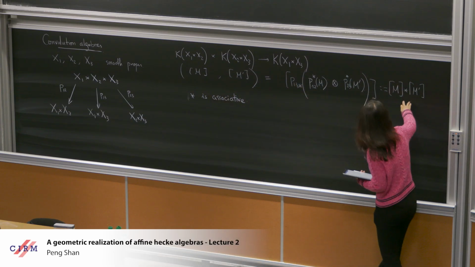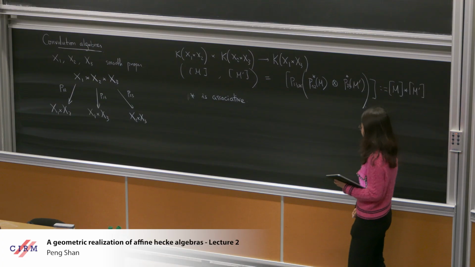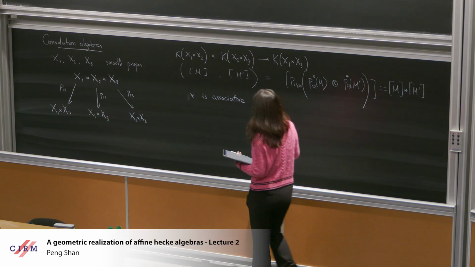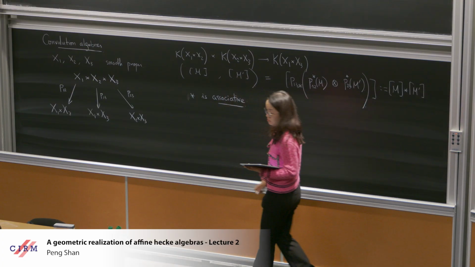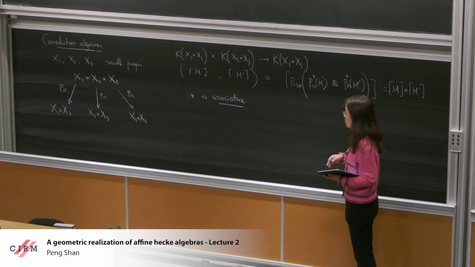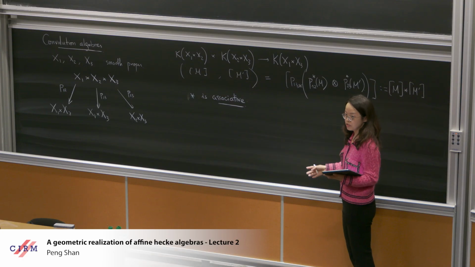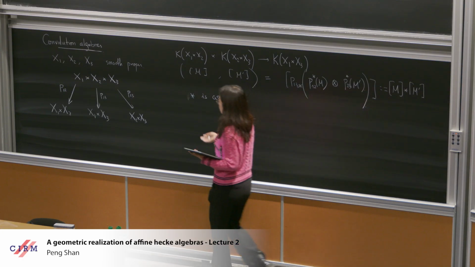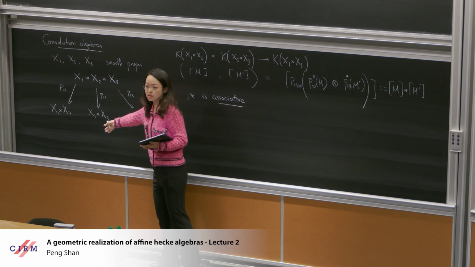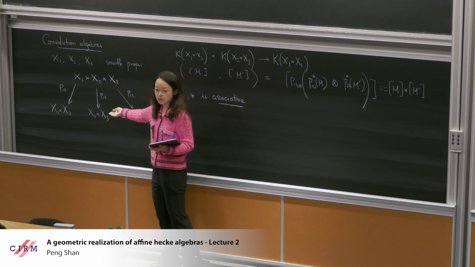You can first convolve these 2 and convolve with some M double prime, and then it satisfies the associativity as you imagine. I want to point out this procedure is completely general for whichever sheaf theory, or just take functions, when you can define pullback and push forward. Then this makes sense. Yesterday, we were mainly doing this for just locally constant functions.